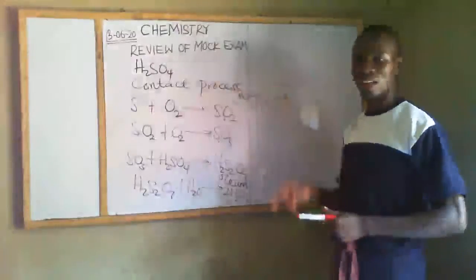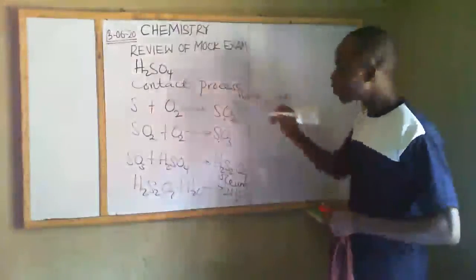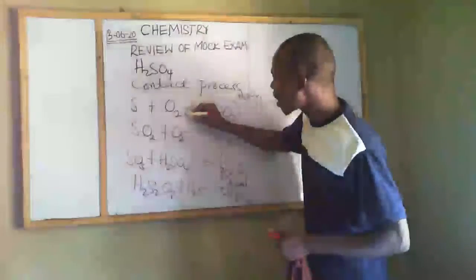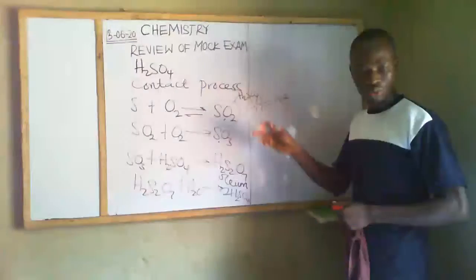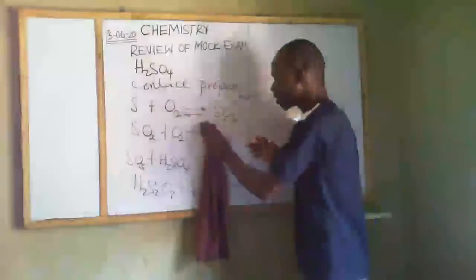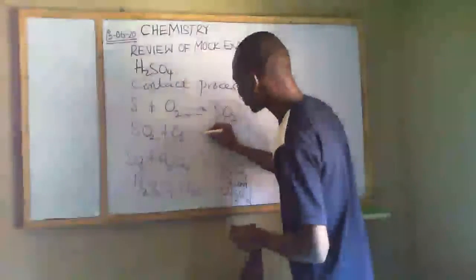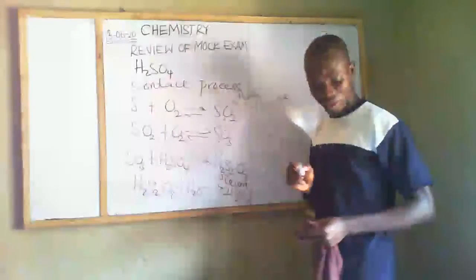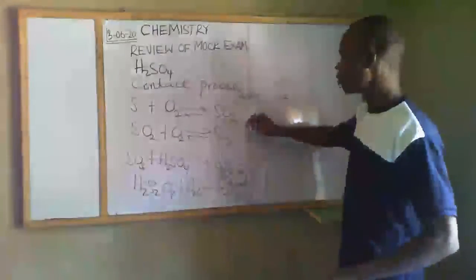But these 2 reactions are reversible reactions. You indicate that with reversible arrows. This one also is a reversible reaction. I hope you are following me, because we are going to dry this with H2SO4.